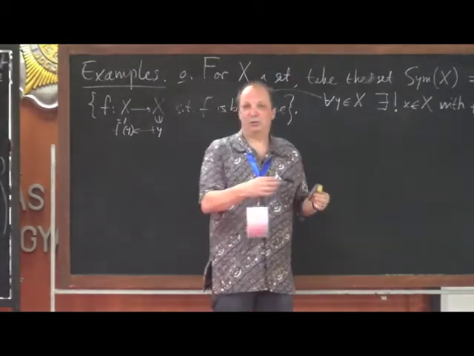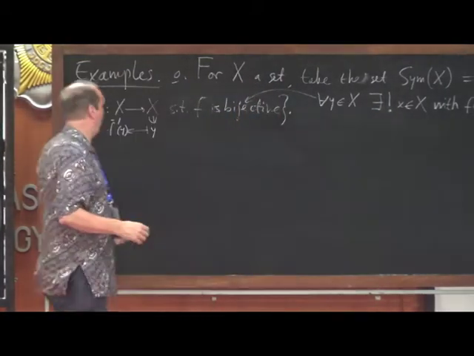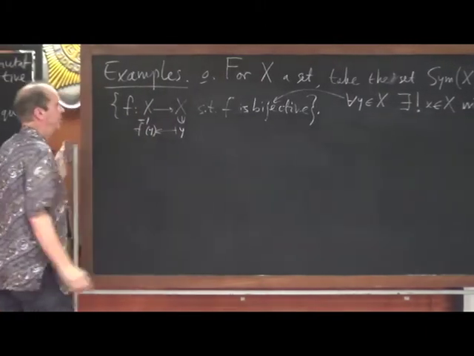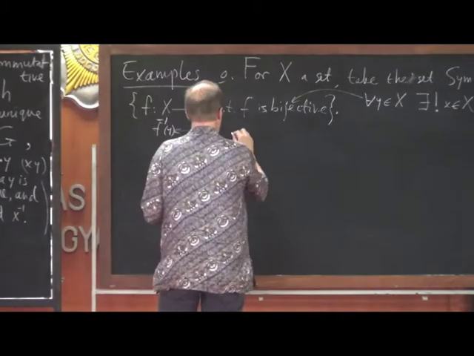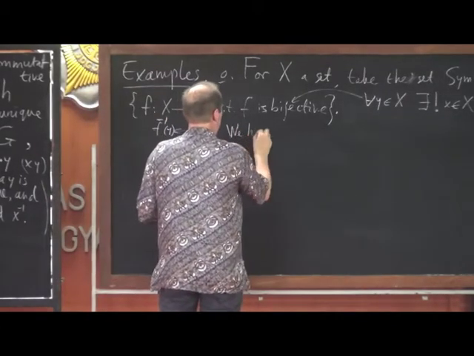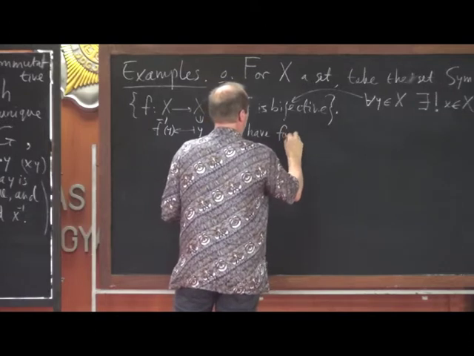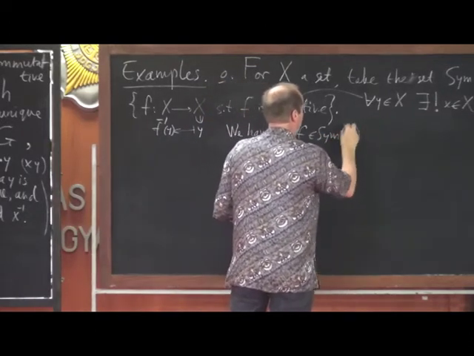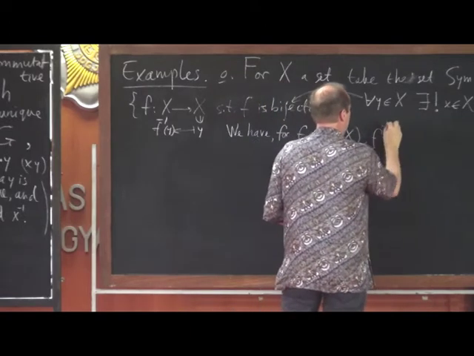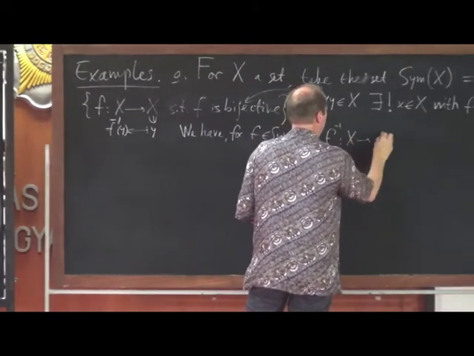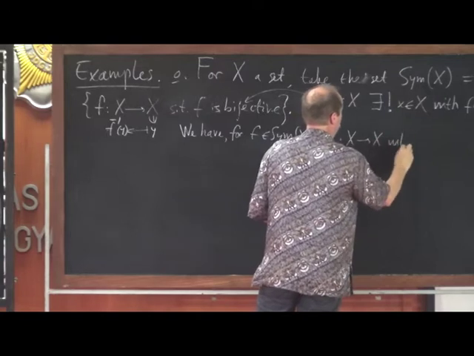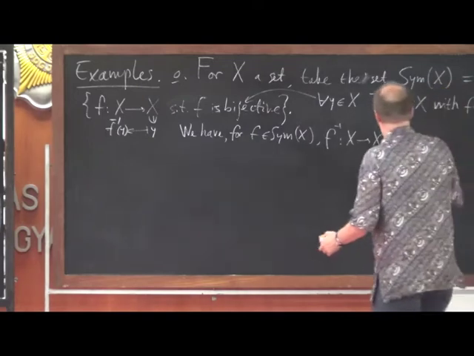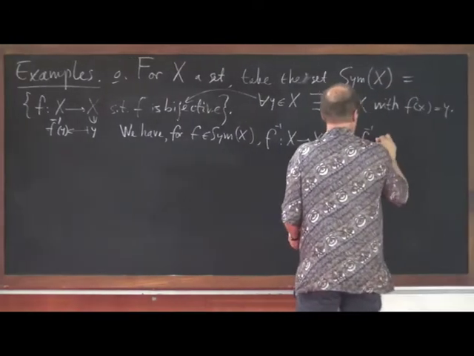And so the map f inverse goes like this, and we have for f in Sym X, f inverse going from X to X as well, and this f inverse is also bijective.